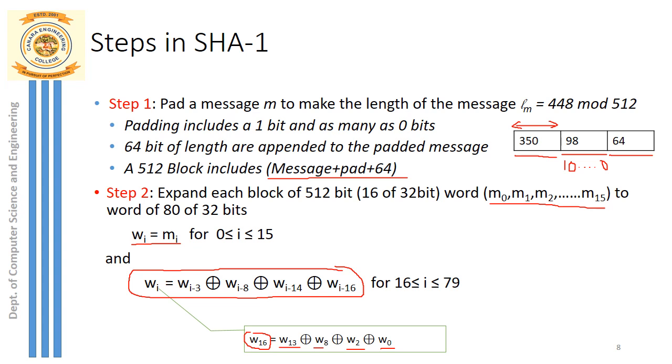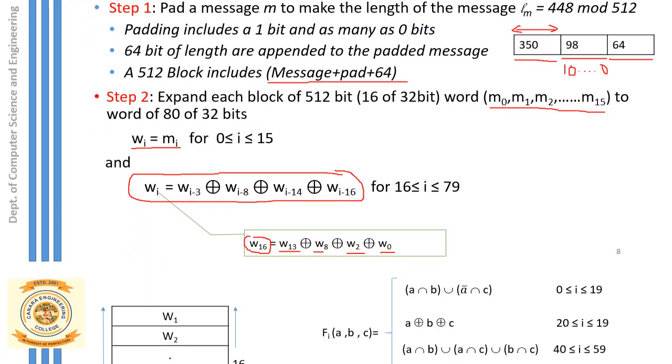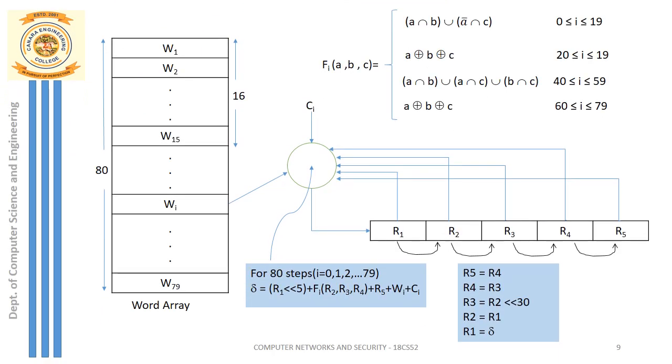So here we get 80 different words from W0 to W79. So this is the word array where we have 80 words, from W0 to W79.